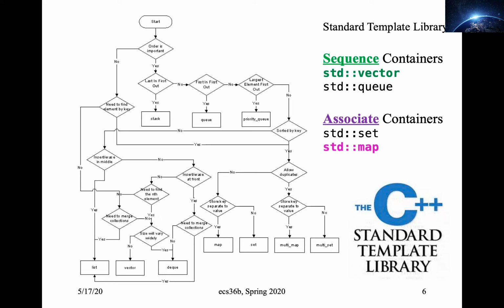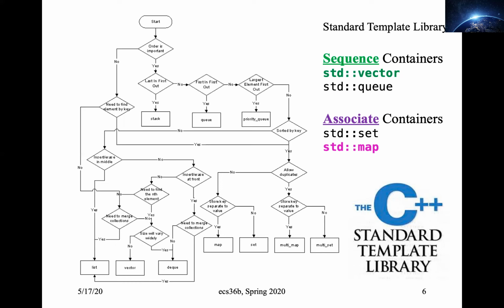For example, map is here, vector is here, you have a deque, you have a list, you have queue, you have priority queue, you have stack. This is pretty much all the standard data structures that you might want to use in a typical application that they provide.